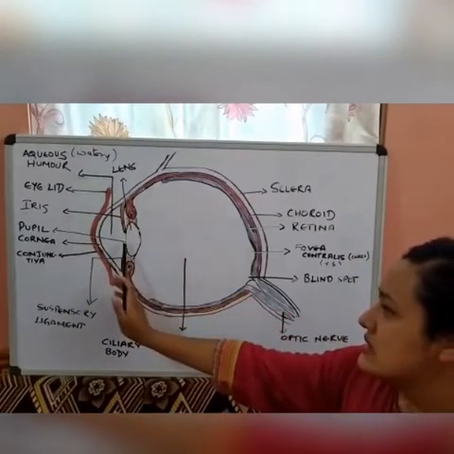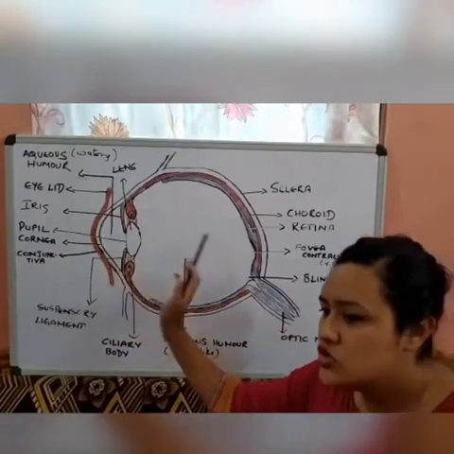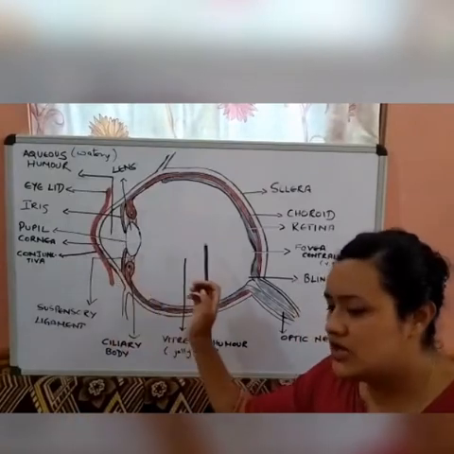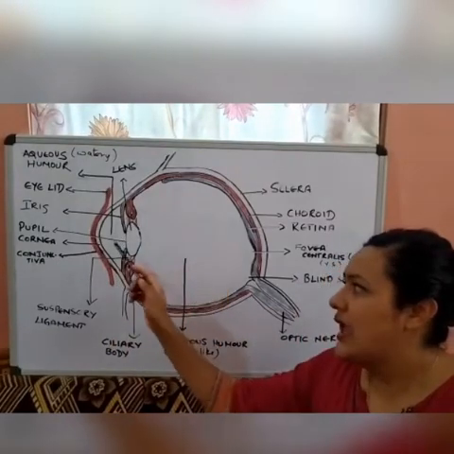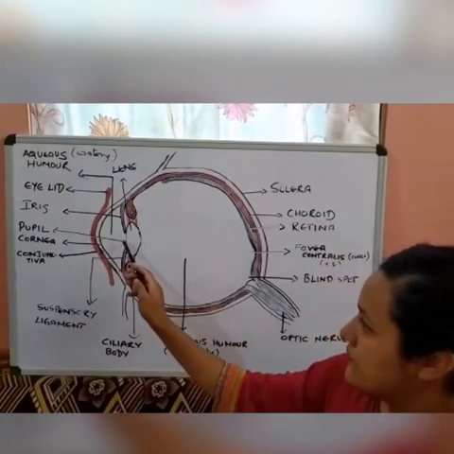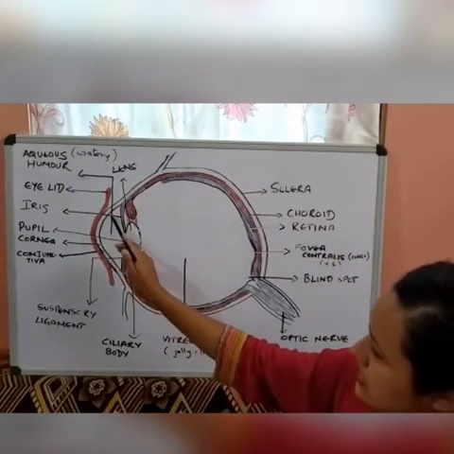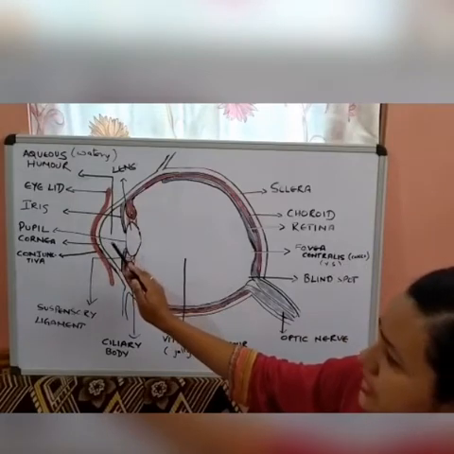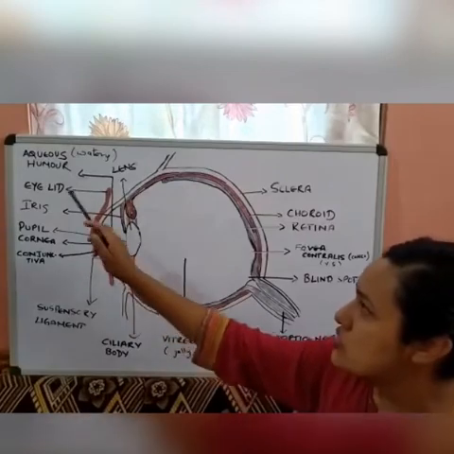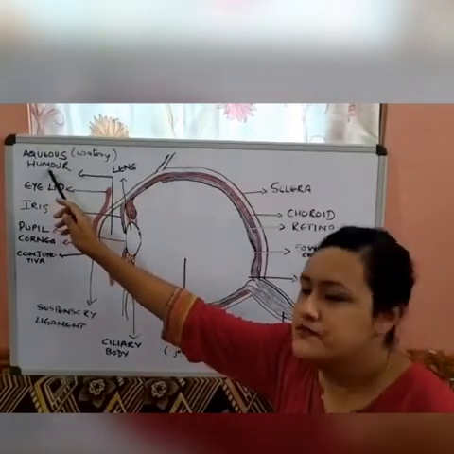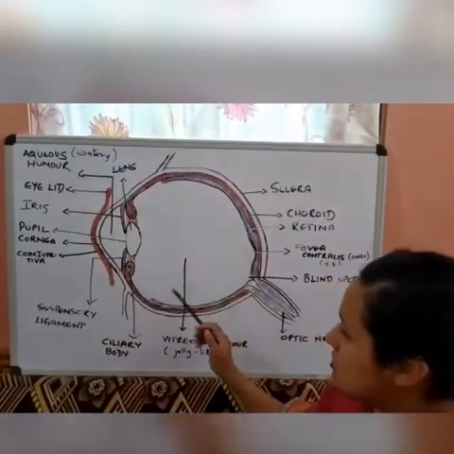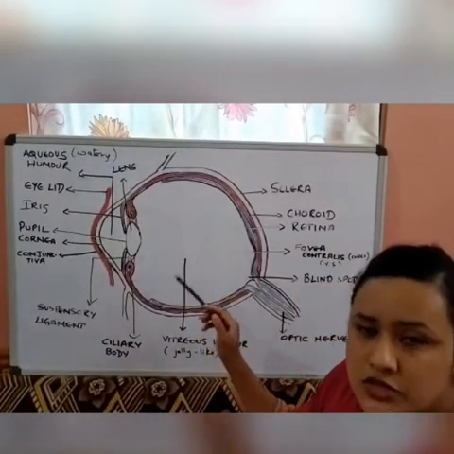This lens divides the eyeball into 2 chambers or cavities, one smaller and the other larger: the anterior cavity and the posterior cavity. The anterior cavity is filled with a watery liquid known as aqueous humor. The larger portion, the posterior part, is also known as the vitreous chamber.